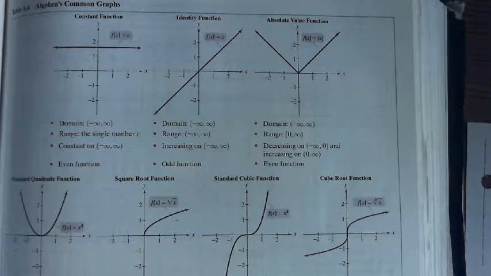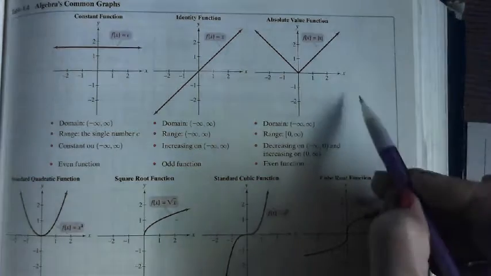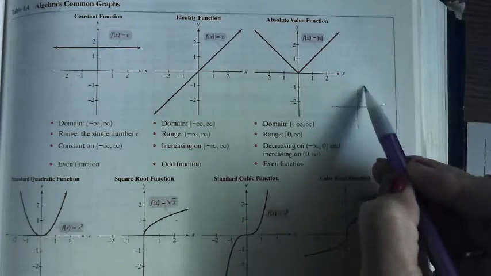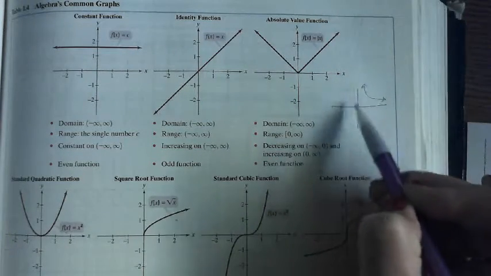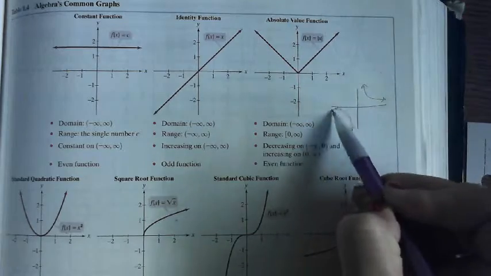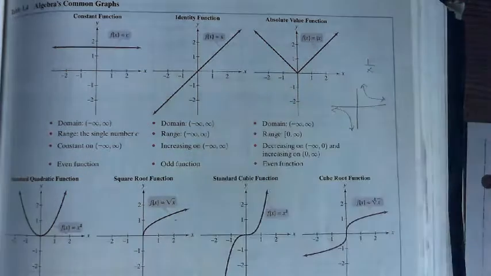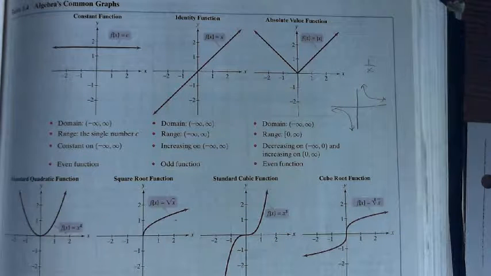Like I said, you know more than these. You did rational functions last year, which would look like this. So that's 1 over x. What else do you do? Do you remember any other functions that you did last year?